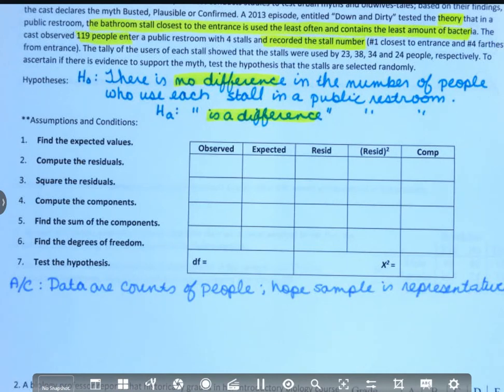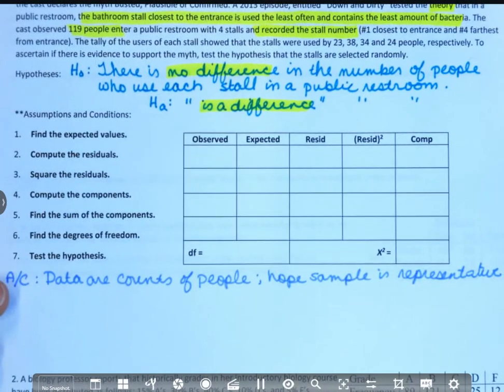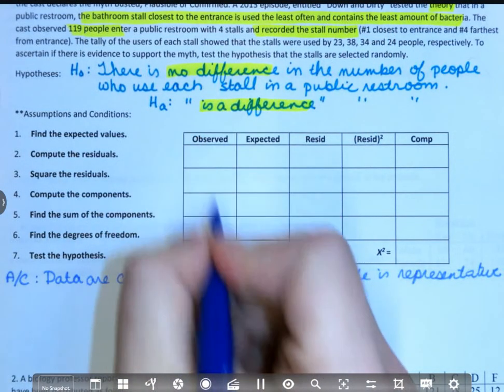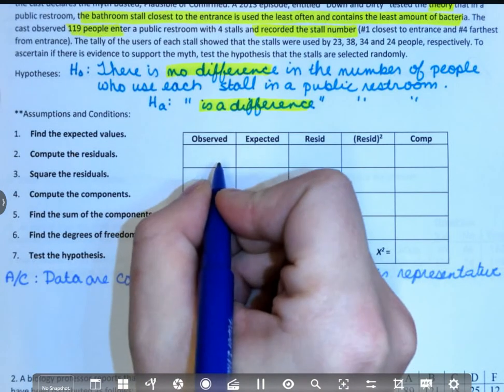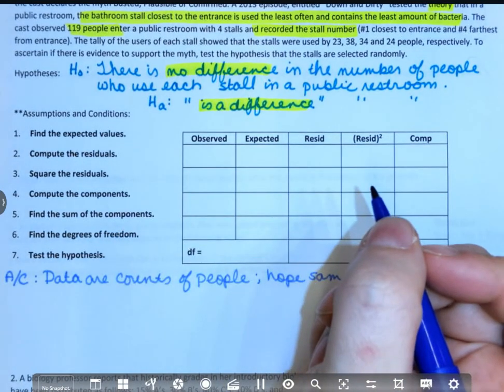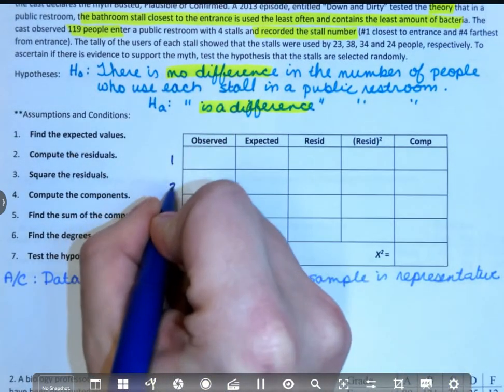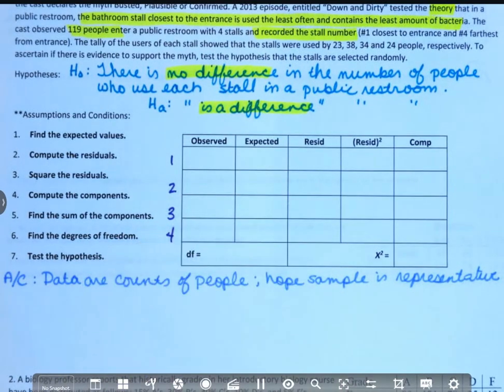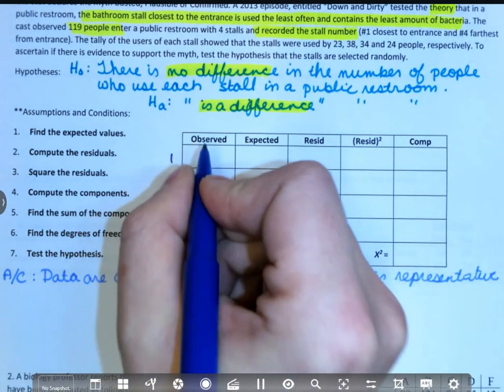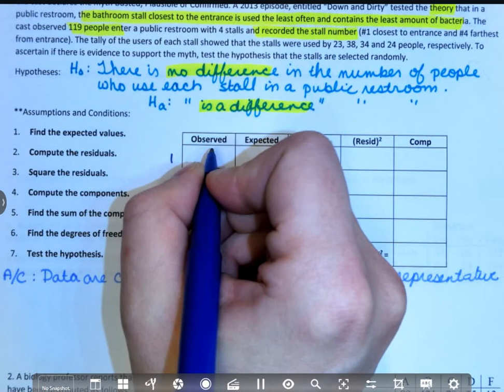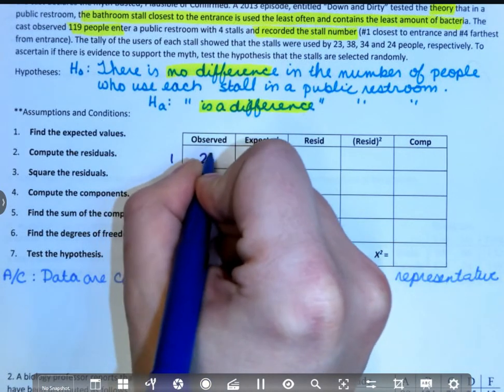Sample size. In order to check the sample size, I have to start filling out my table. The way I fill out my table is I always start with observed. We have stalls 1, 2, 3, 4. How many people did I see go into the first stall? 23.